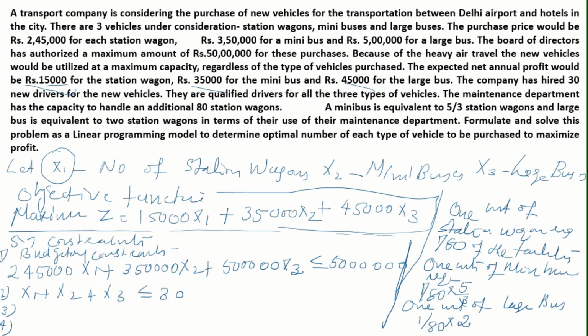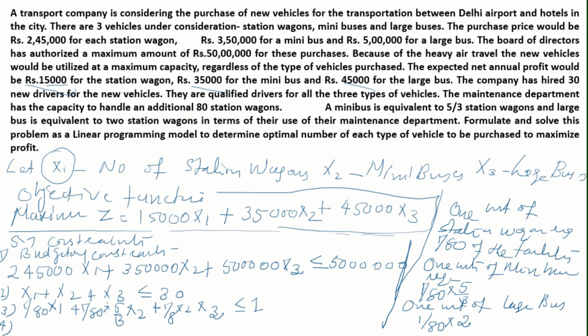Now for x1 units of station wagon we require 1 by 80 into x1, because 1 unit of station wagon requires 1 by 80 of the facility. 1 unit of minibus requires 1 by 80 multiplied by 5 by 3, and for x2 units it is into x2, plus 1 unit of large bus requires 1 by 80 into 2, and for x3 units it is into x3, and the total available is 1 facility.